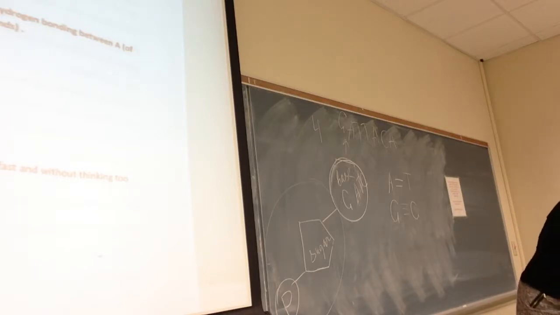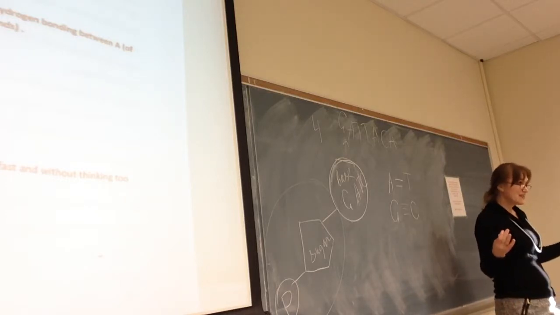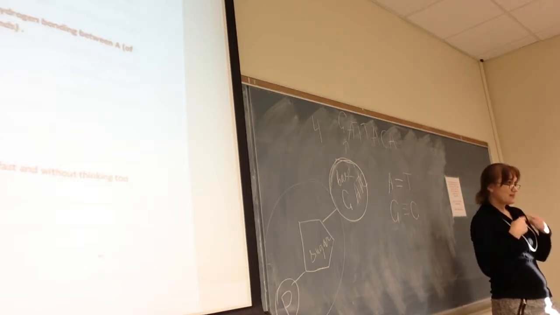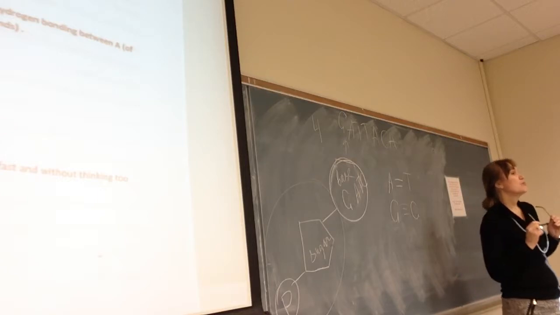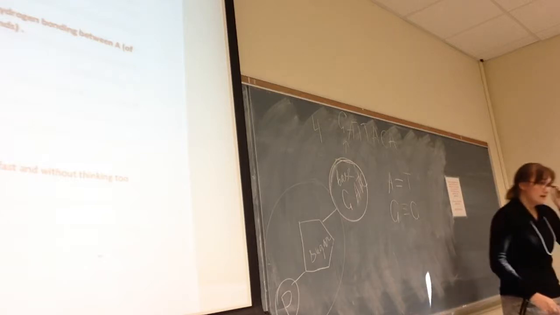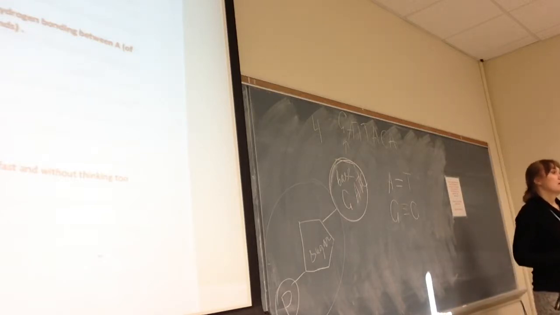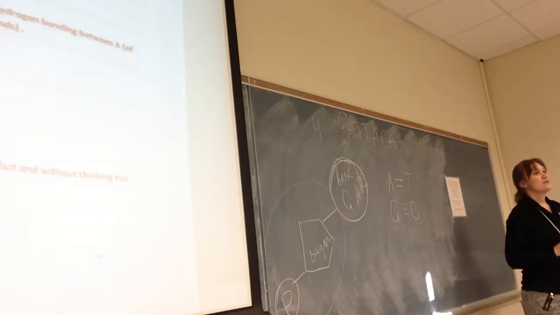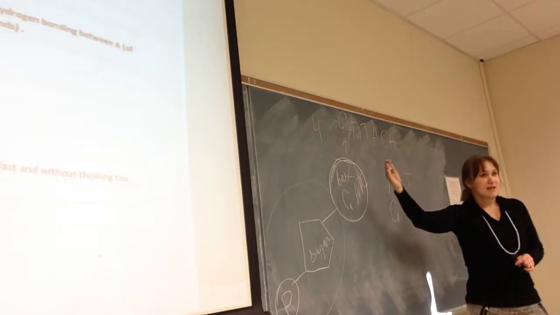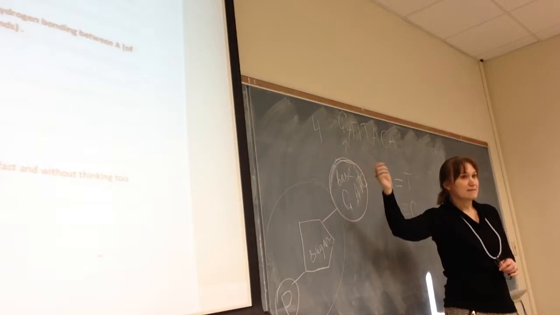What is a hydrogen bond? This is a bond between molecules. In comparison with ionic bond and covalent bond, hydrogen bond is a bond between different molecules. Now, in order to reproduce, you need to create a copy of DNA for your offspring, right?